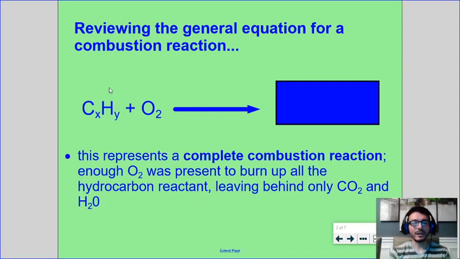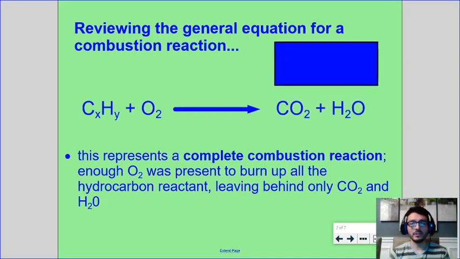So your general equation for a combustion reaction will begin like this, for both complete and incomplete. Now it's some hydrocarbon with varying numbers here, so the X and the Y can represent different numbers. It does always have to have oxygen, and at least for a complete combustion reaction, it'll look like this.